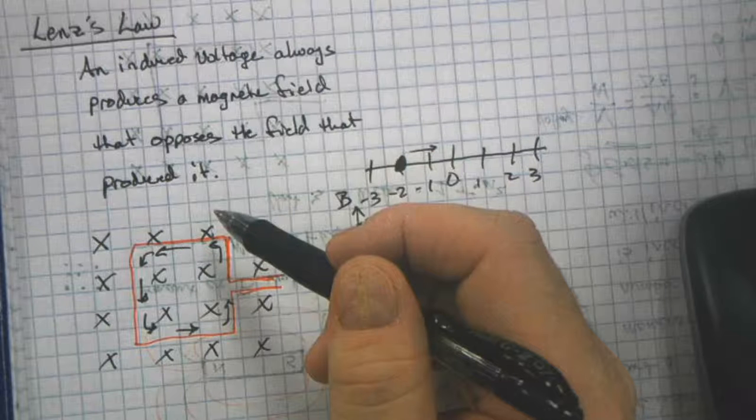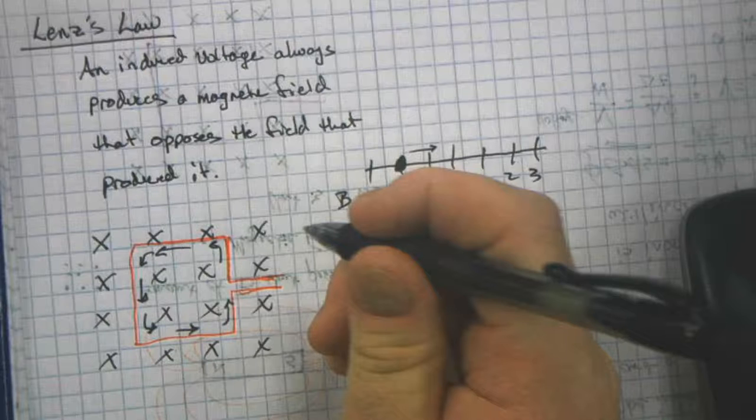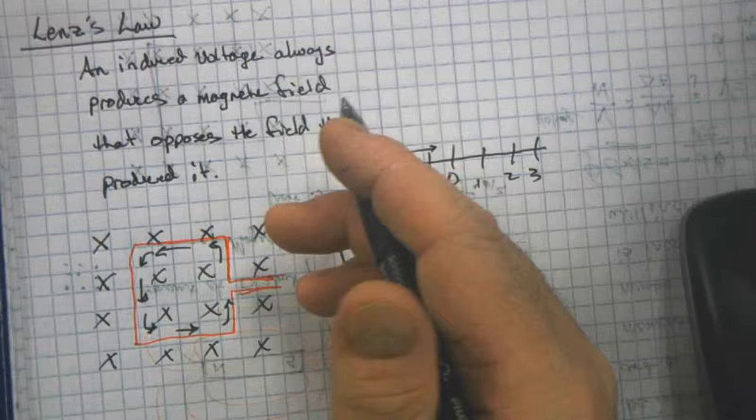If we spin, the field is decreasing. Oh. Poop. It's the other way.